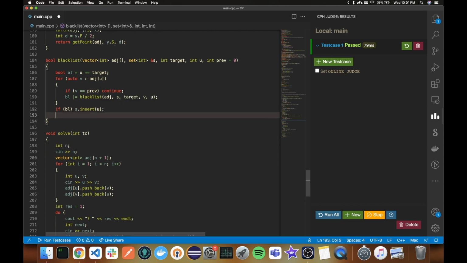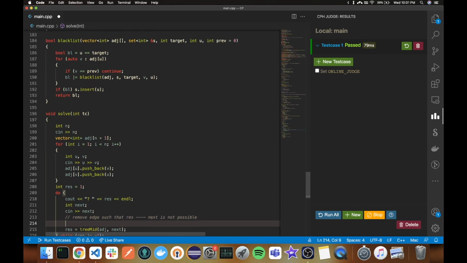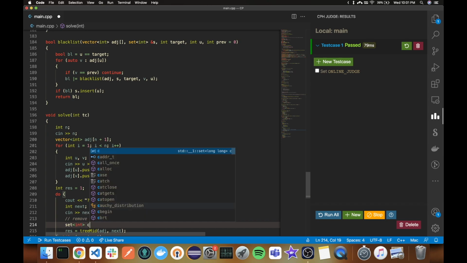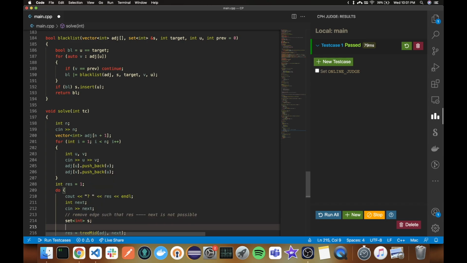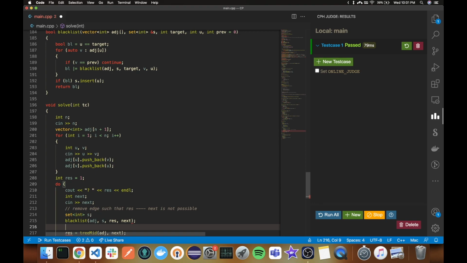I'm gonna insert and then return this. Now what I'll do is I'm gonna call this function adjacency as my target. My target is result, and U is next.